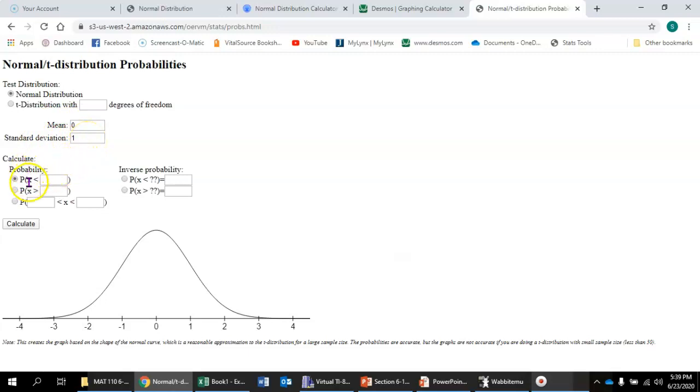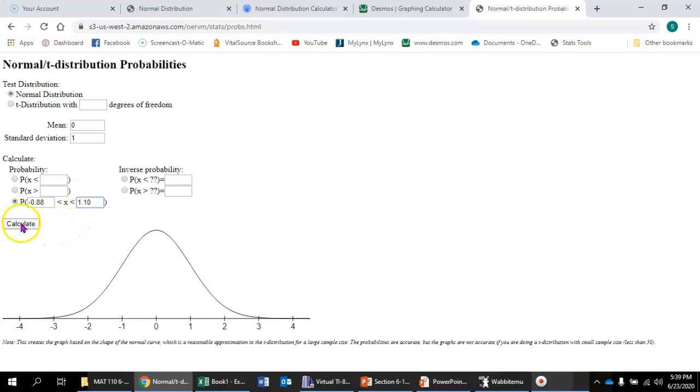And then we want to calculate, well, what we're doing right now is where we're between two different numbers. So that's the third one here. So I'll select that and I will type in the numbers in those two boxes. In the first box, we have the number negative 0.88. In the second box, we have the number 1.10.